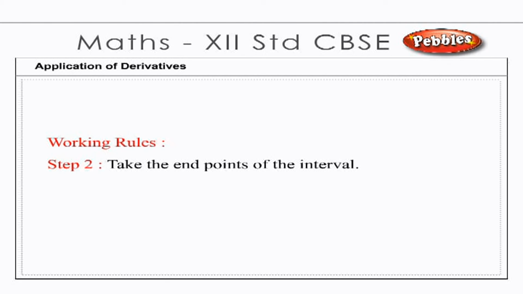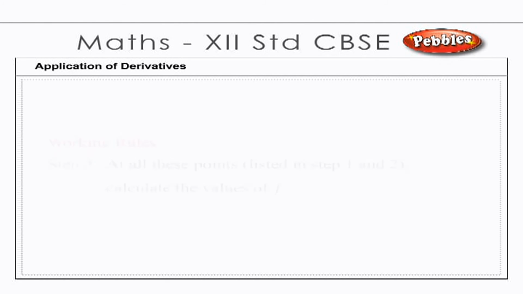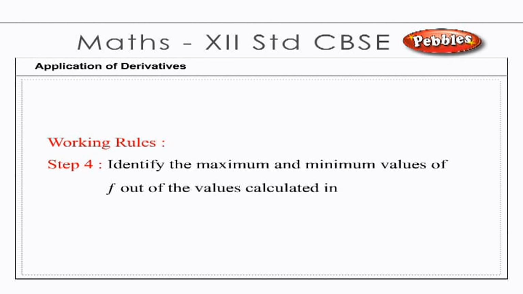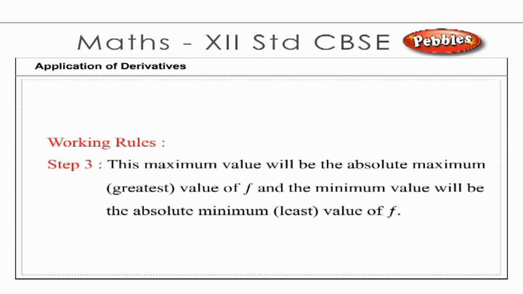Step 2: take the endpoints of the interval. Step 3: at all these points listed in step 1 and step 2, calculate the values of f. Step 4: identify the maximum and minimum values of f out of the values calculated in step 3. This maximum value will be the absolute maximum (greatest) value of f and the minimum value will be the absolute minimum (least) value of f.